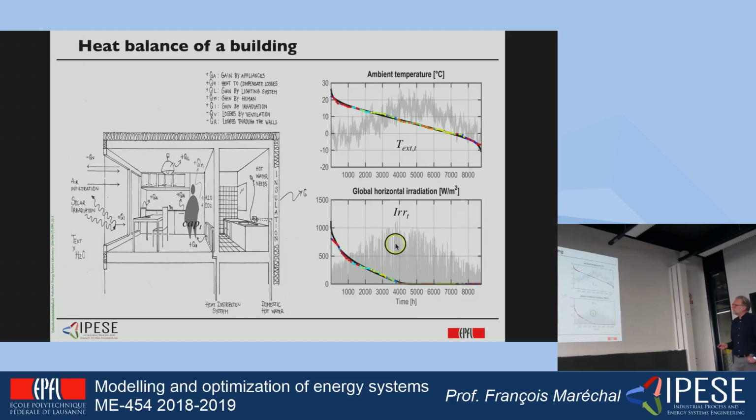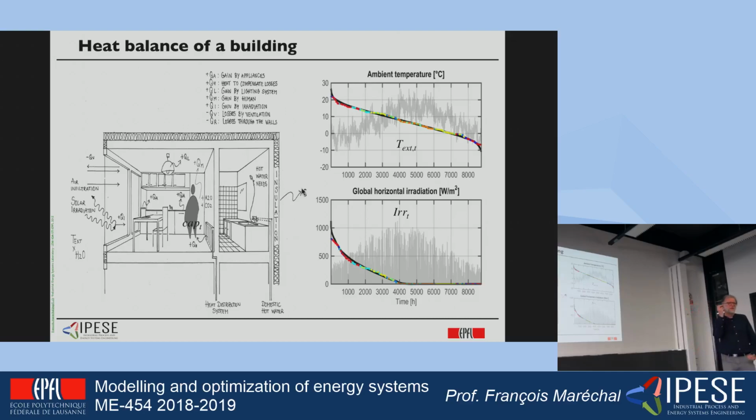We will also have to look at how much hot water we need. And then we will also have to consider the fact that the buildings are well or not well isolated, which means they will release heat by losses with the environment.